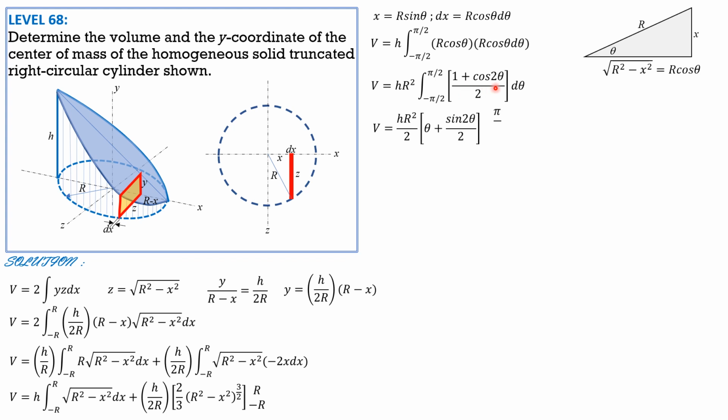Integral of cosine 2 theta is sine 2 theta over 2, from negative pi over 2 to pi over 2. Take note that sine of 2 times pi over 2 is sine of pi, 0. And lower limit sine of negative pi is also 0. So the whole of this is 0. Then we have theta, pi over 2 minus negative pi over 2 is pi. So the volume therefore is pi r squared h over 2.